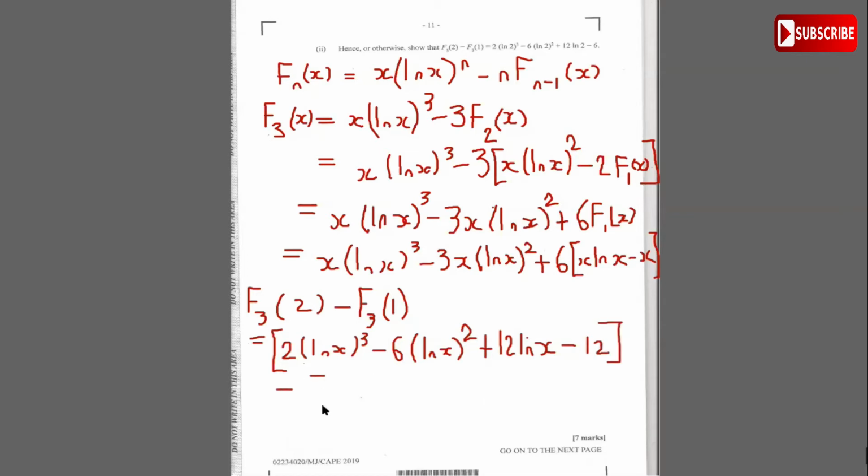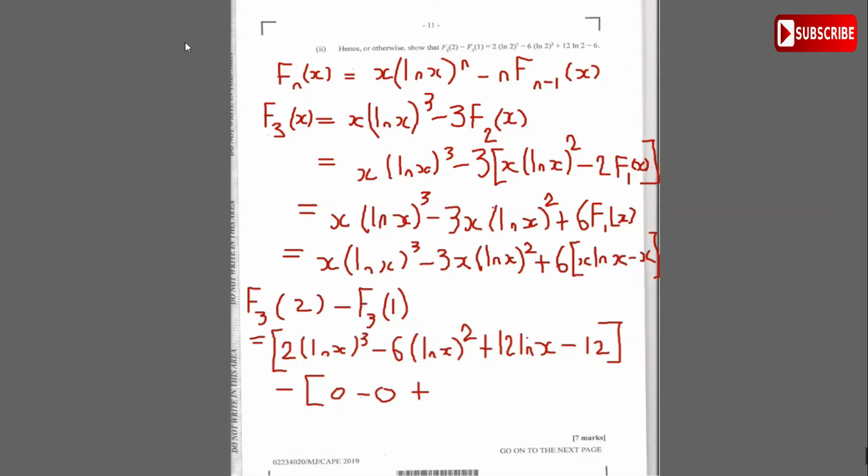What you're going to subtract is f3(1). So you put x as 1 in here. When you put x as 1, ln 1 is 0. So you're just going to get 0 minus 0 plus, putting in x as 1 here, ln 1 is 0, and you get minus 6.